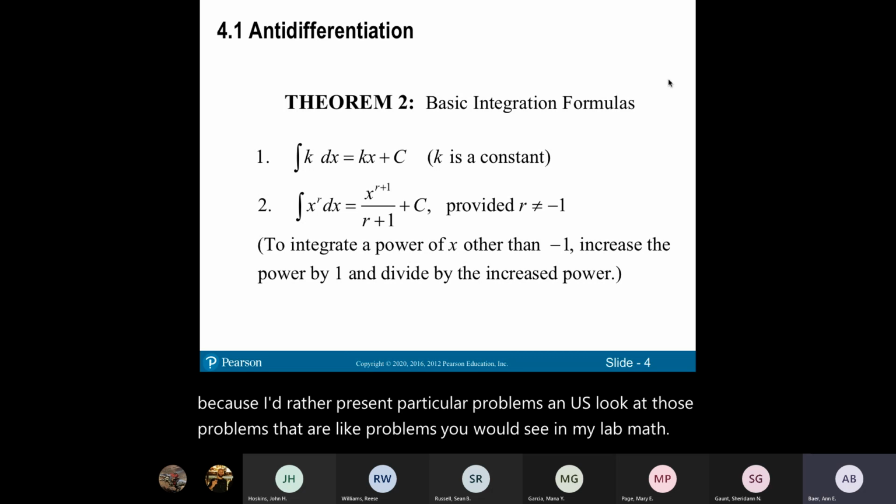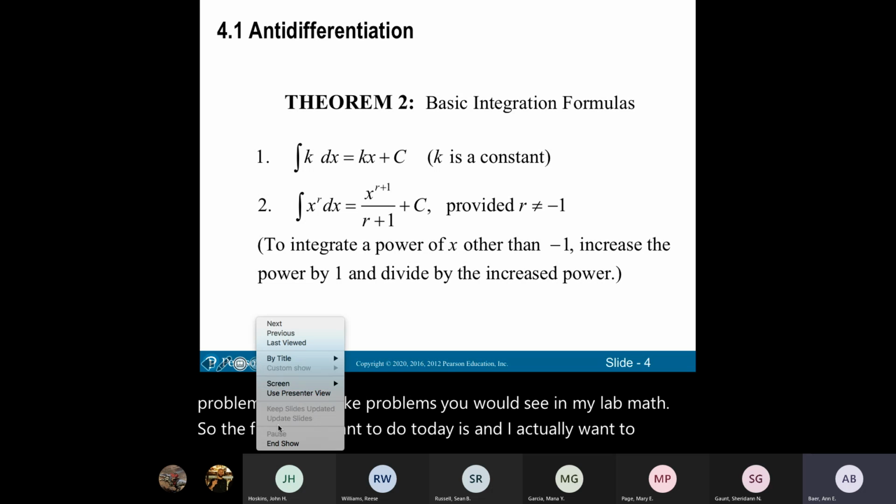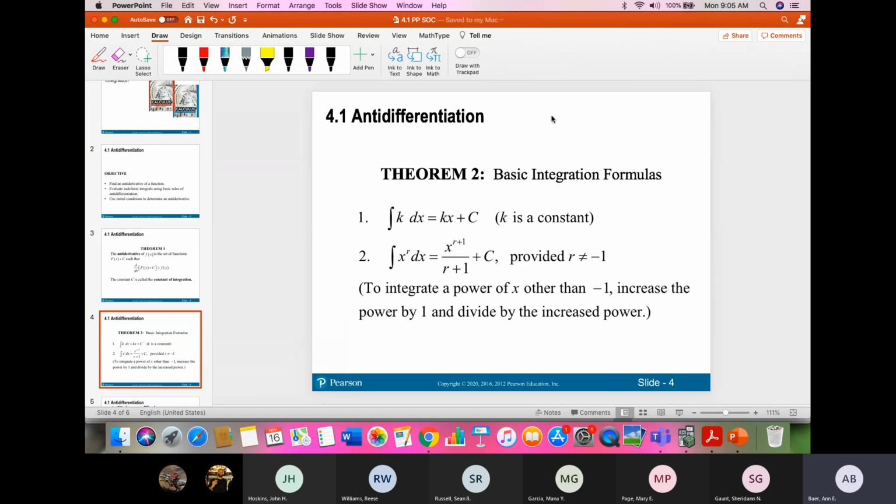The first one I want to do today is, and I actually want to stop this for the time being, and look at some antiderivatives. So let's look at an antiderivative.